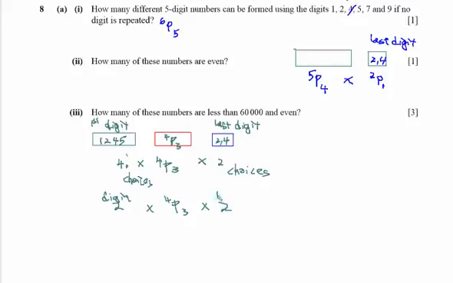This is the digit, not the choices, so it is only one choice. But this is the case when the first digit is 2 and the last digit is 2. Then the number 2 has been repeated, so this does not meet the requirement. So you have to take this out of the combination.